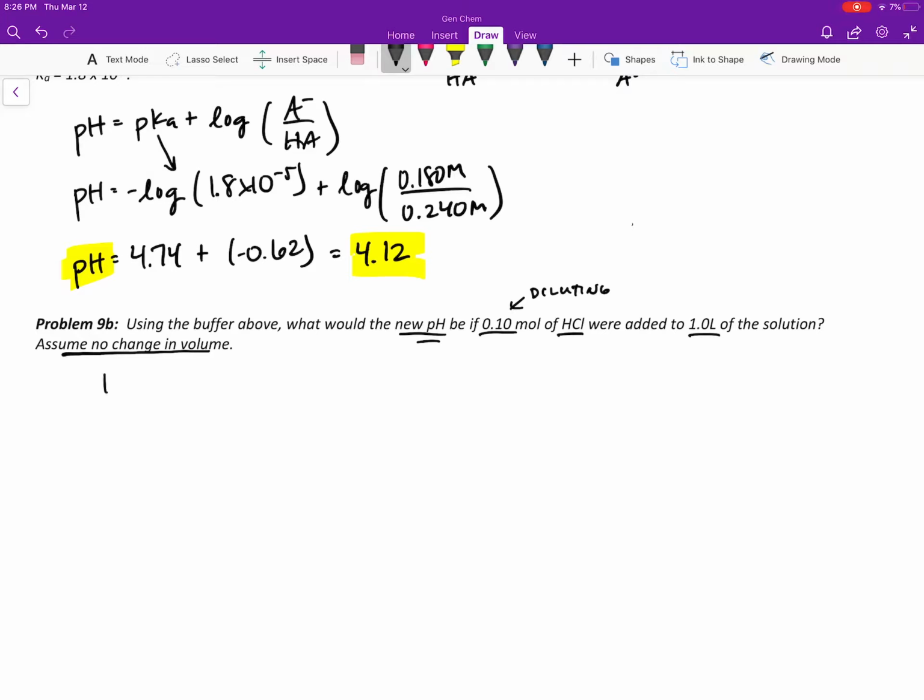Because I'm changing my buffer, I'm going to need an ICE table. It's acetic acid going to sodium acetate in the presence of water, where the acetic acid gives up its proton and forms acetate and hydronium.